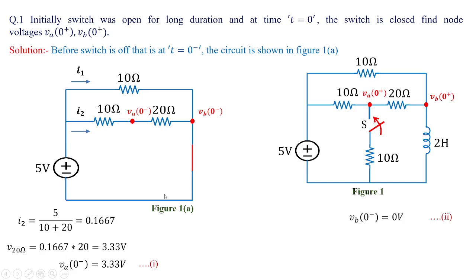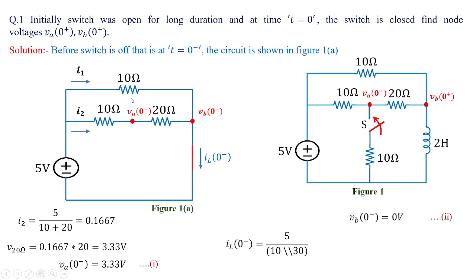Here you can see this short wire is connected to the negative of this particular voltage, and anyhow this voltage value will be equivalent to 0 because it is shorted. Now the current which is supposed to flow in the inductor, that we are going to treat as IL of 0 minus, is nothing but the total voltage divided by the equivalent resistance.